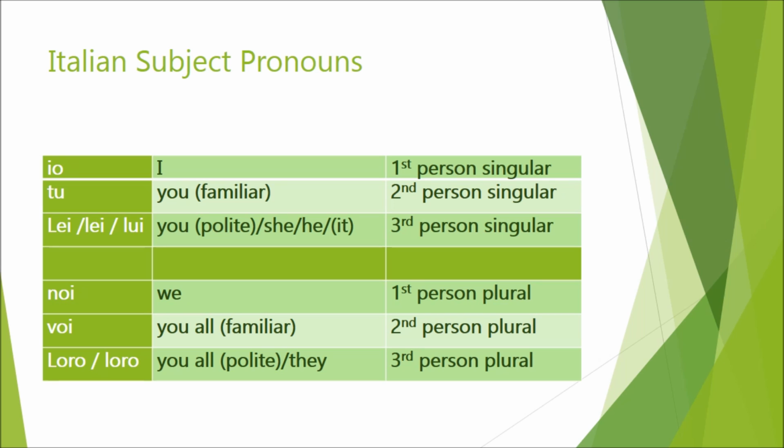Noi, we, first person plural. Voi, you all, familiar, second person plural. Loro, you all, polite, third person plural. This is not used in Italian very much today, so we will not use it here. Loro, they, third person plural.